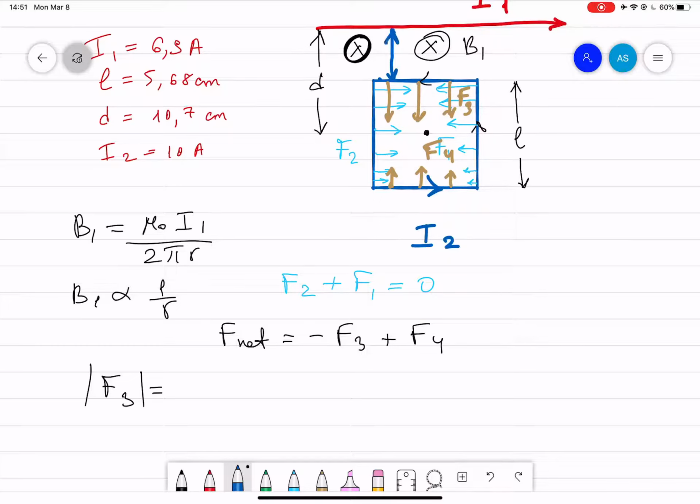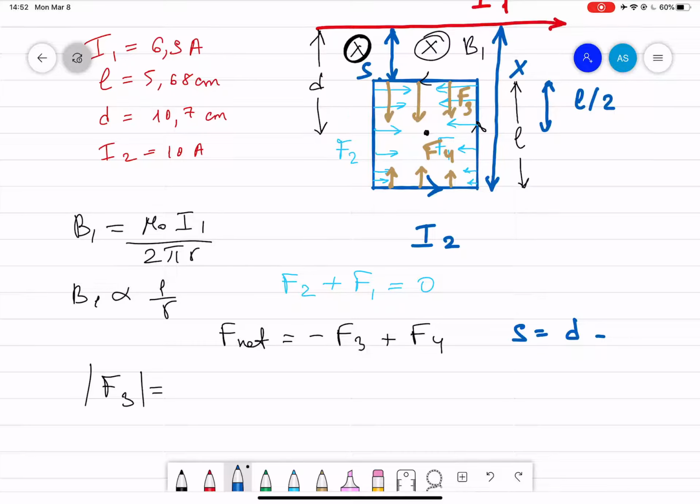This distance I call S, and that distance I call x. The S distance is equal to d minus, this is half of it, so L over 2.